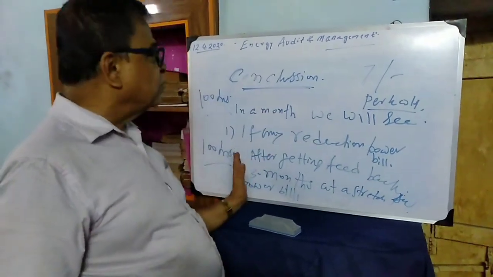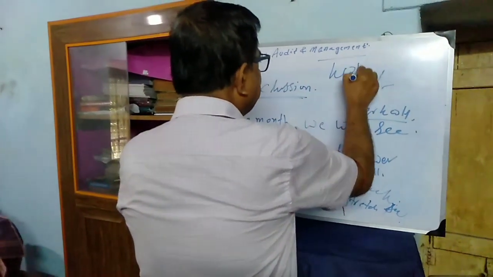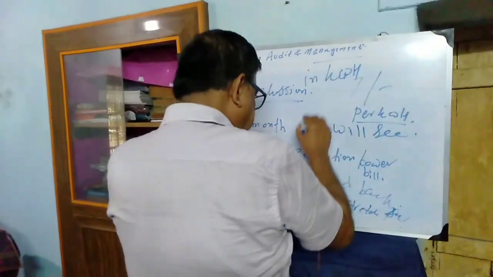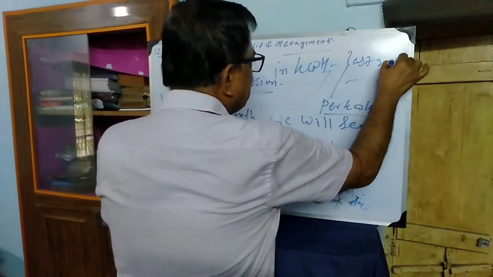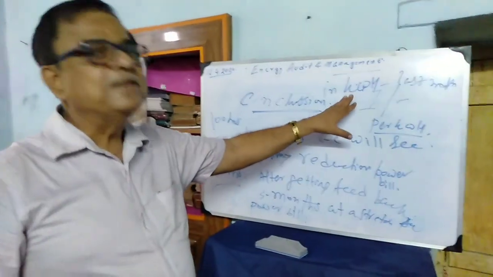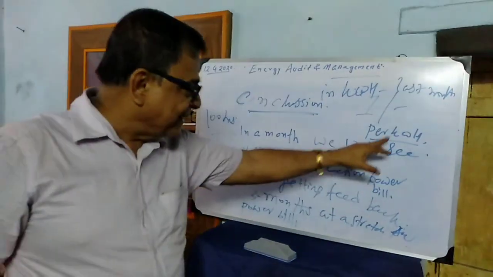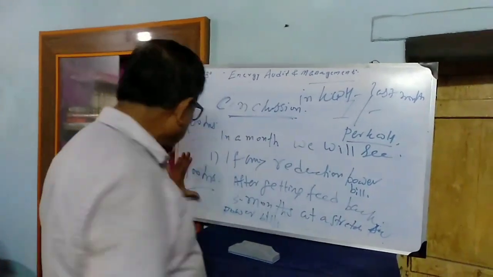In that case we have to check the last month's consumption in kilowatt hours and the present month's consumption. If it is less than last month's consumption in kilowatt hours, then we have still succeeded, because the rate went from 7 to 8 and the total cost increased.